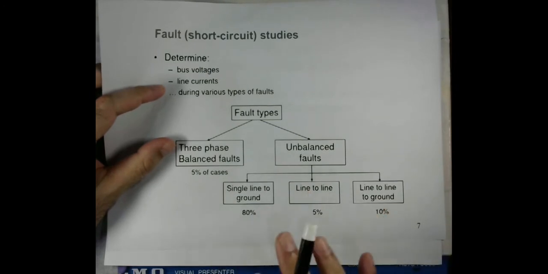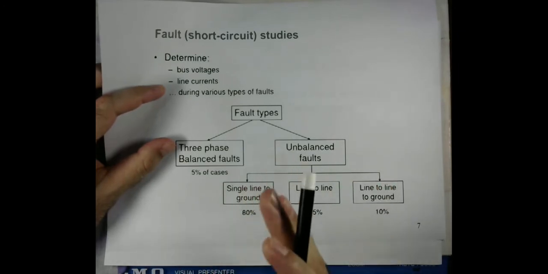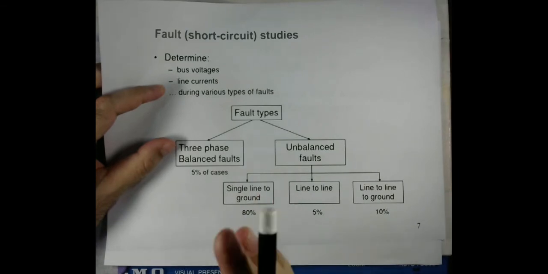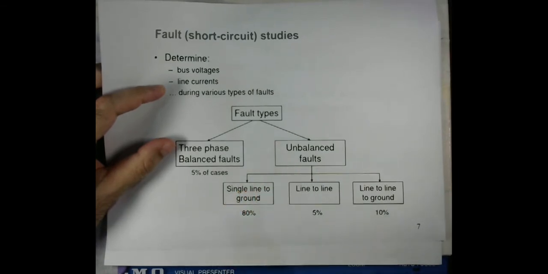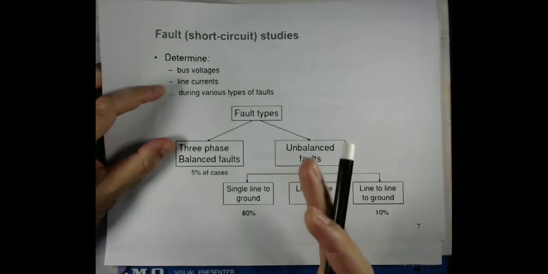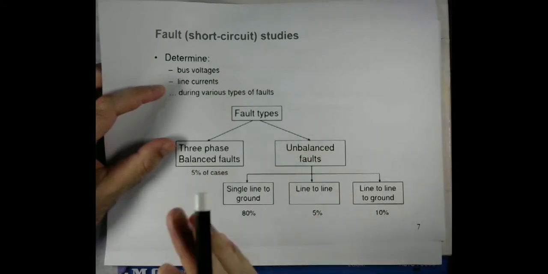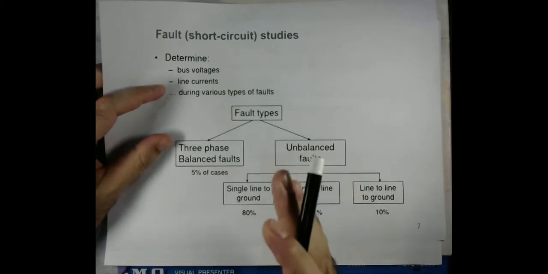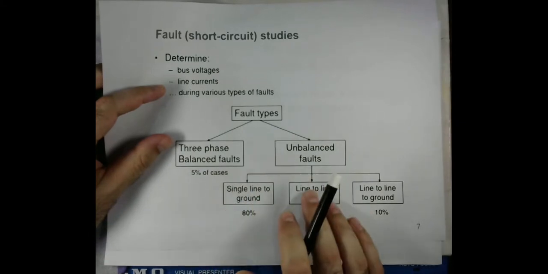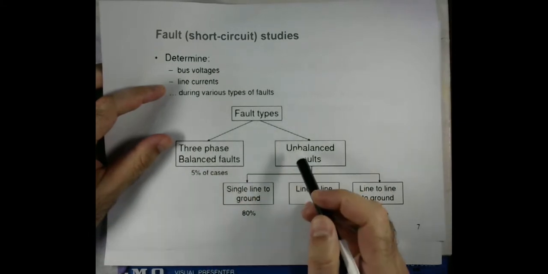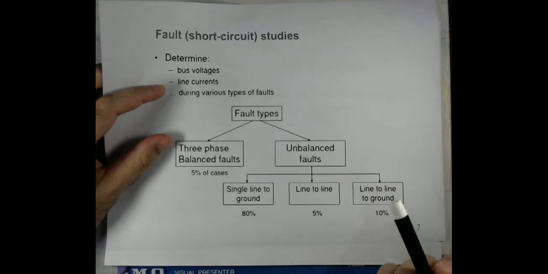Whenever these parameters exceed the standard operating limits, that condition is characterized as a fault, and steps need to be taken for clearing the fault as soon as possible in order to avoid damages. So we discussed that faults could be of different types.